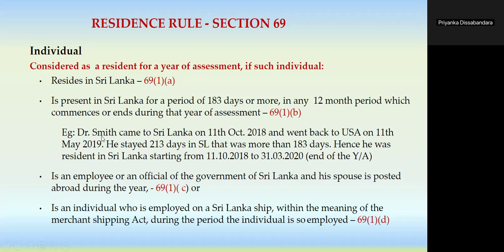For example, if Dr. Smith came to Sri Lanka on 11th October 2018 and went back to the USA on 11th May 2019, he stayed 213 days in Sri Lanka. That was more than 183 days. That means for a 12 months period, he stayed in Sri Lanka. Therefore, we consider Dr. Smith as a resident in Sri Lanka.